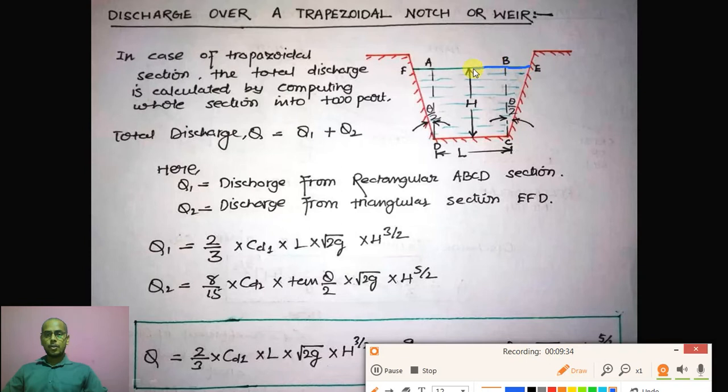Let me draw one more line. This is the total water flowing through this section, and we have its front view. We can draw a vertical line here and a vertical line here. So it will be a rectangle.